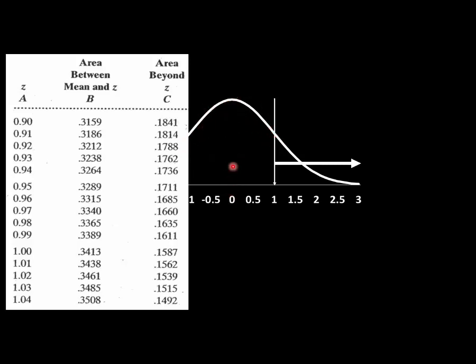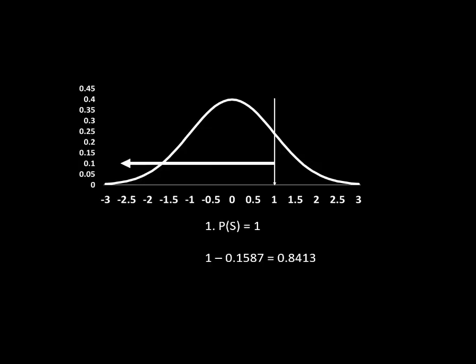So it's symmetric about this middle point here. And what that means is exactly half of the curve lies above the mean and half of the curve lies below the mean. So if I want to know what's the total proportion below 1, that's going to be this proportion here between 1 and the mean plus 0.5. And you can see if you add 0.5 to 0.3413, you do indeed get the same answer that we got by subtracting 0.1587 from 1, 0.8413.